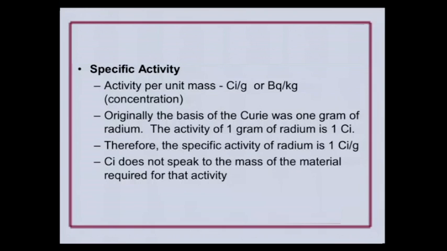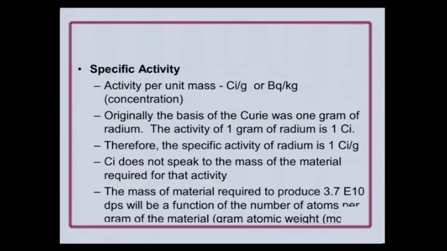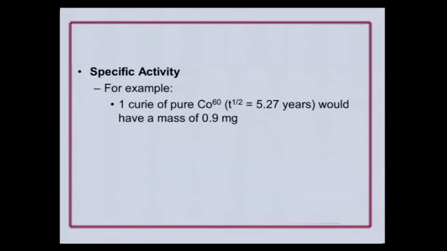But again, it does not speak to the mass. The mass required to produce that level of disintegration, 3.7 times 10 to the 10th disintegrations per second, will be a function of the number of atoms per gram of the material, or the gram atomic weight, or more commonly referred to as the mole. Let me give you an example of how this plays out and why it's important. If I look at a curie of pure cobalt-60, we would be looking at a mass of 0.9 milligram.